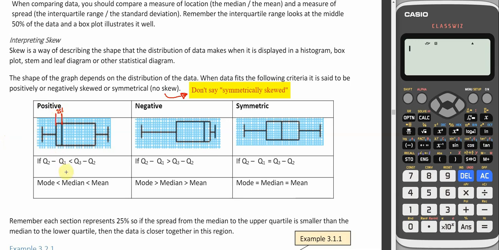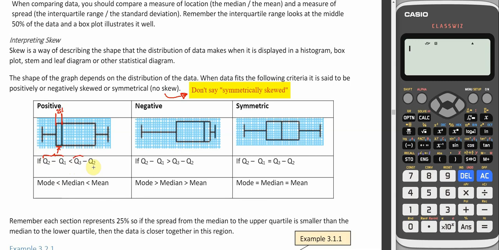The calculation we can use to show that: if the distance between the median and the lower quartile, so Q2 take away Q1, is less than the distance between the upper quartile and the median. So going back to this diagram, the distance between Q2 and Q1 is this bit here.